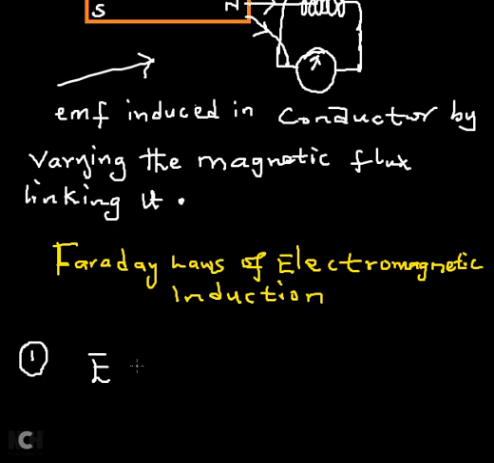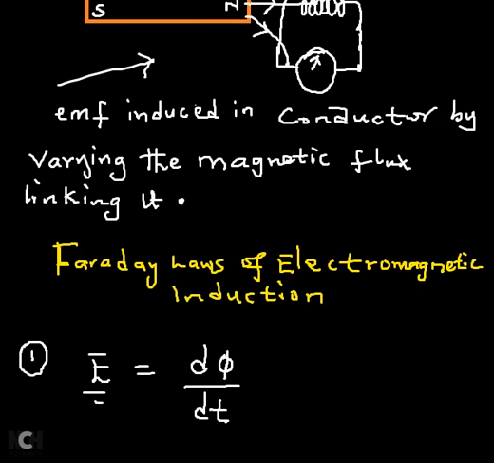Whenever the flux of a conductor changes with time, that is how we express change, d flux over dt, then EMF will be induced in that conductor.